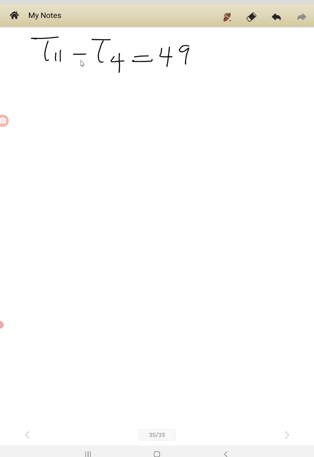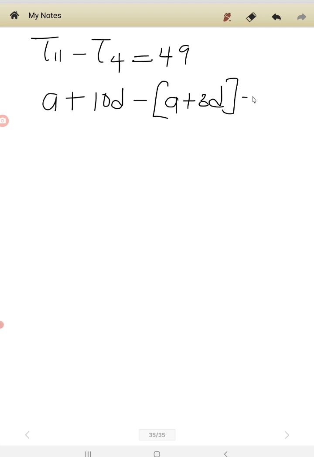From there, you know that T11 is A plus 10D, minus, you open a bracket, A plus 3D. Everything is equal to 49.